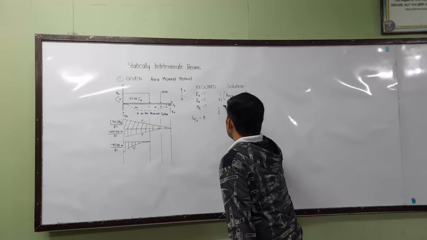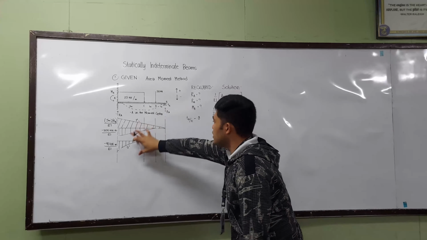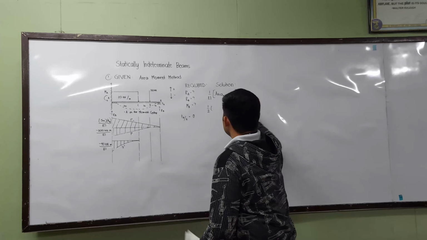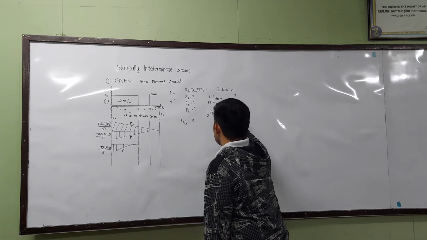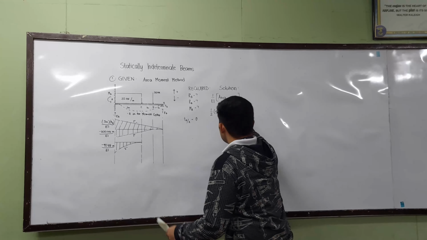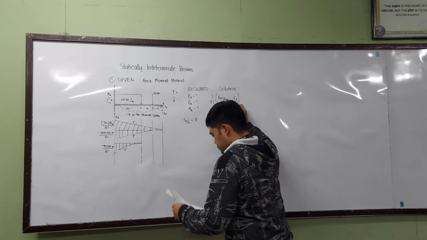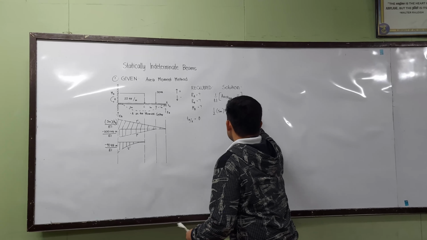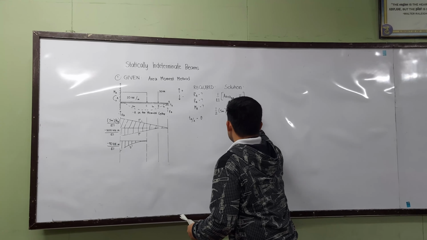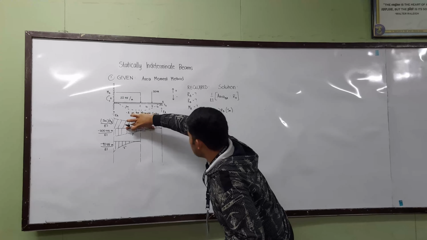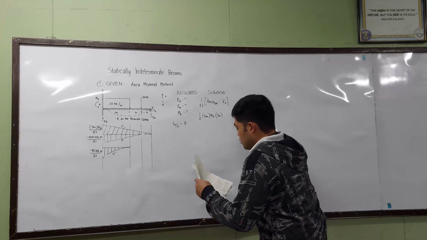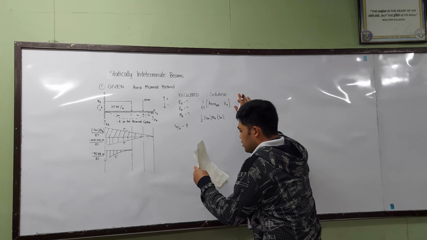So it will be 1/2 times the values. Yep, so it's 5 meters, it's the area. RB times 5 meters. Height times base.